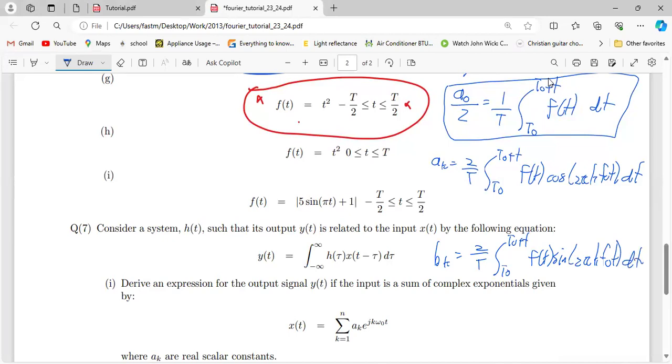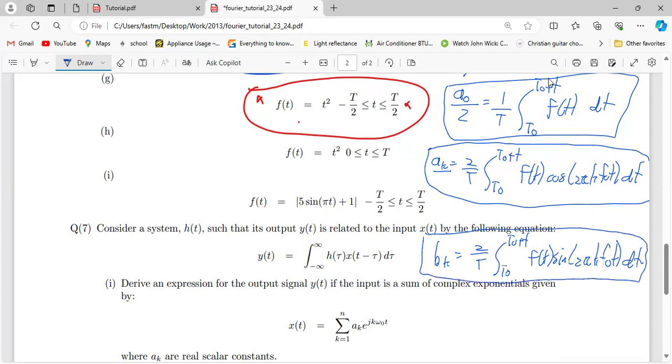Yeah? And once you solve those, this is important: this is what AK is for even functions, right? And BK is for odd functions. So if you notice the function is strictly even, it has no BK terms, so it just has AK.